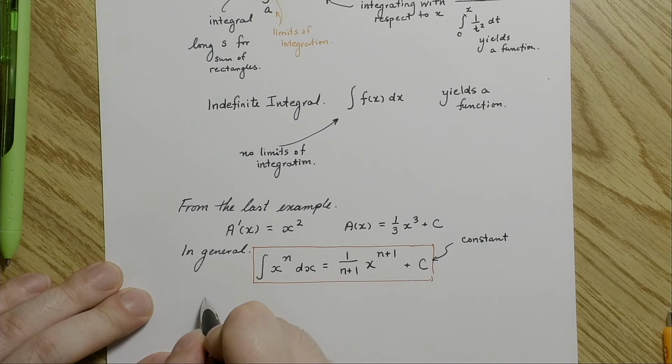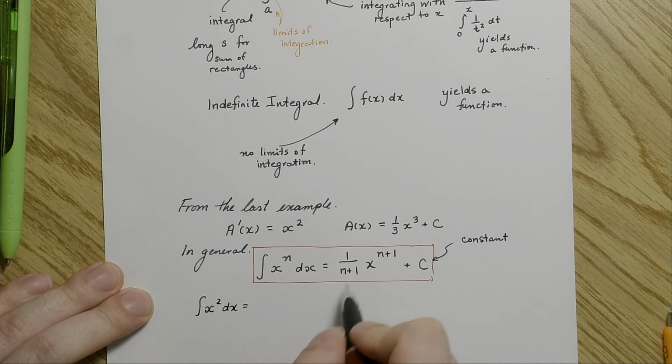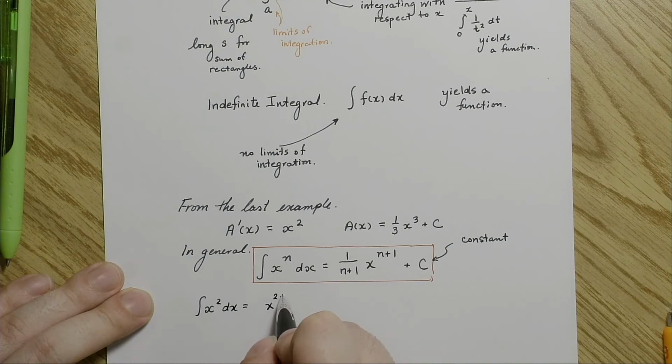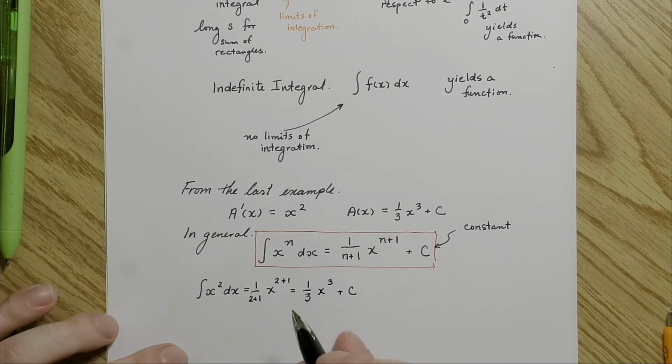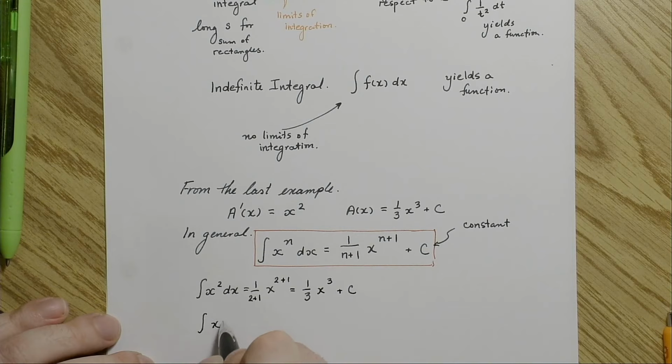So lots of examples. You can use x squared, which we've already done. That's equal to x to the 2 plus 1, and then 1 over 2 plus 1, so that would give us 1/3 x to the 3 plus c. The other one, we can do x cubed dx.